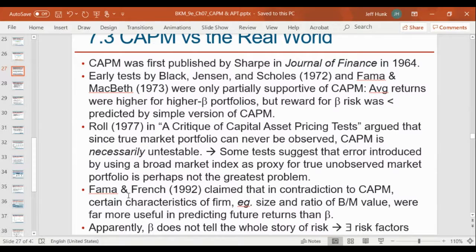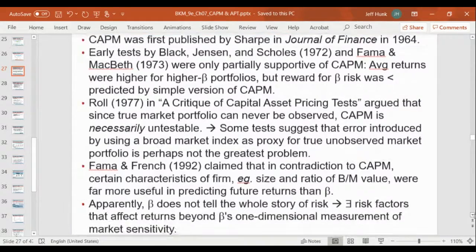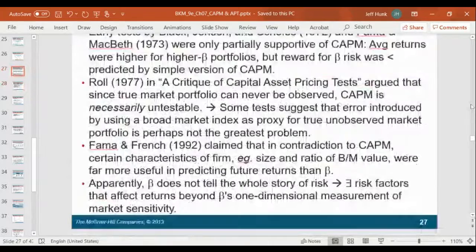And Eugene Fama and Kenneth French in 1992 claimed that, in contradiction to CAPM, certain characteristics of firms, such as size and the ratio of book value to market value, were far more useful in predicting future returns than beta. Apparently, beta does not tell the whole story of risk. There exist risk factors that affect returns beyond beta's one-dimensional measurement of market sensitivity.